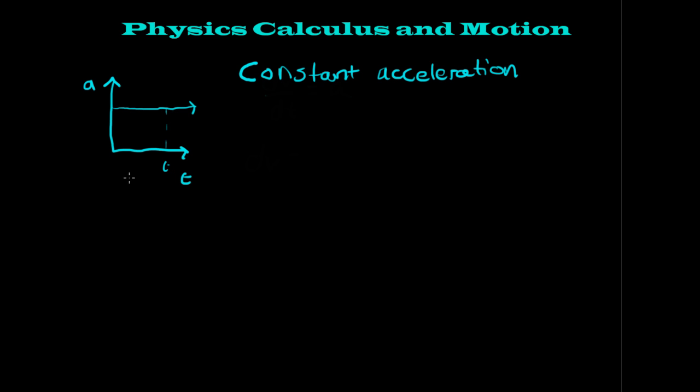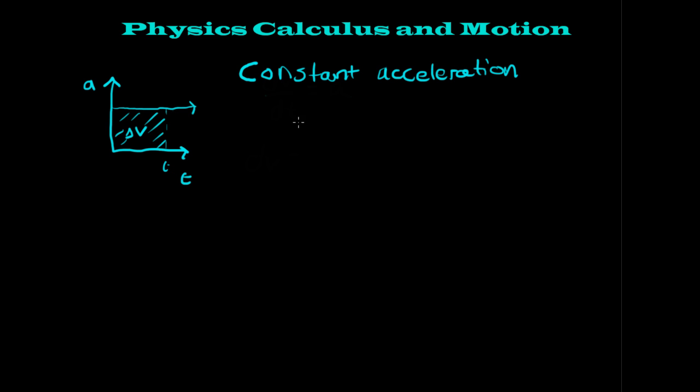And if this is some point t, we've talked about the area inside of this being your change in velocity. Well, that's great. For all the calc students, you should know that the area under this curve is the integral of a.